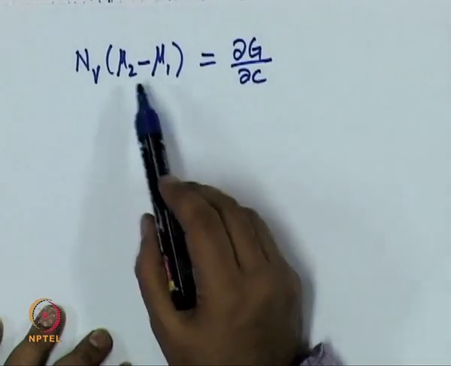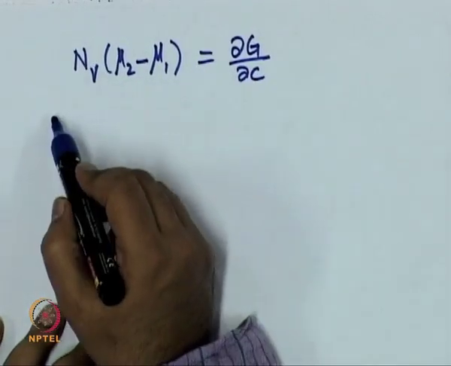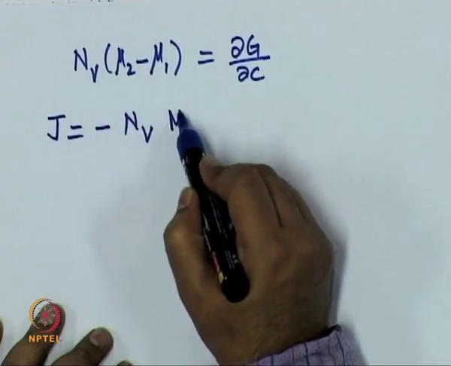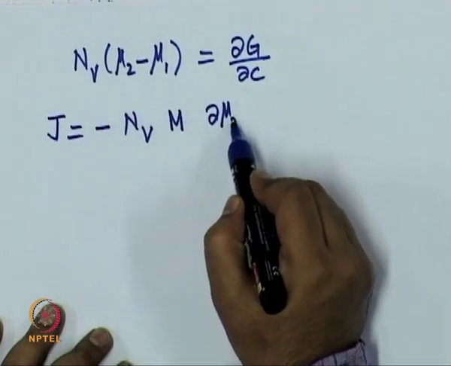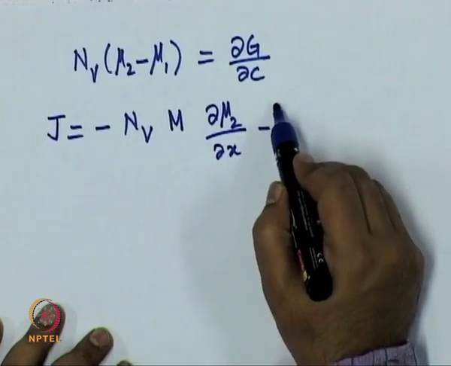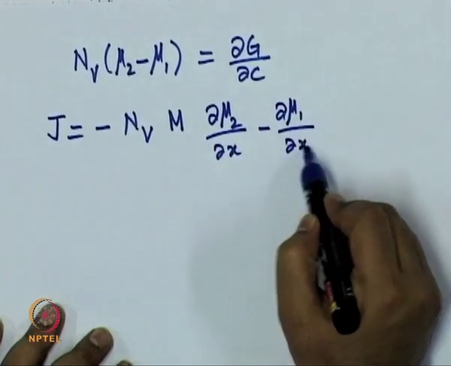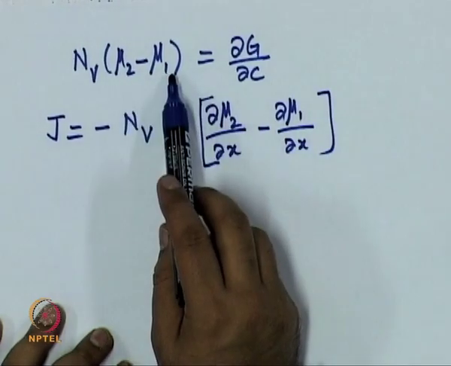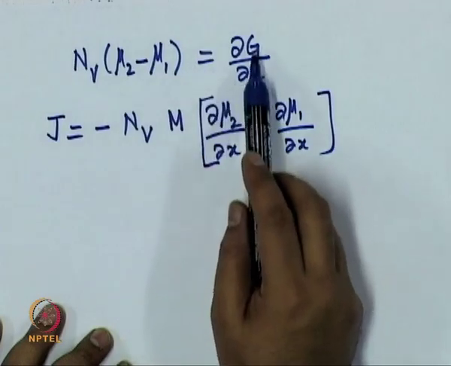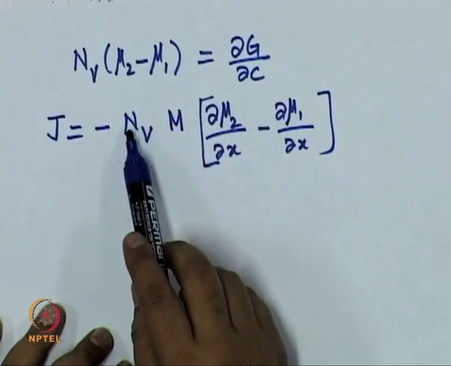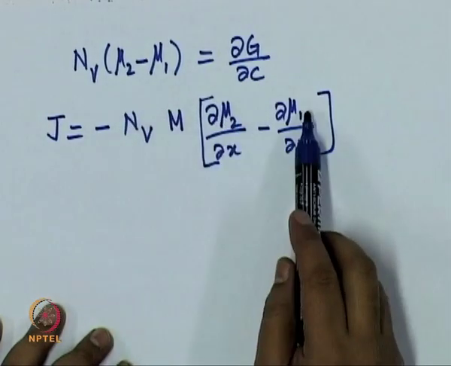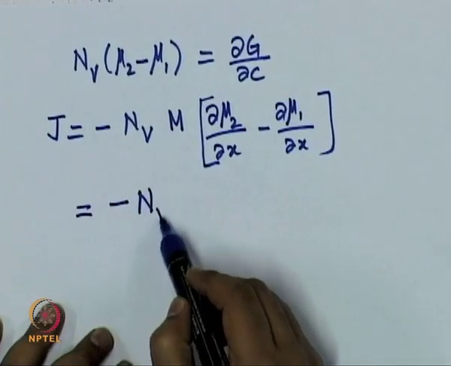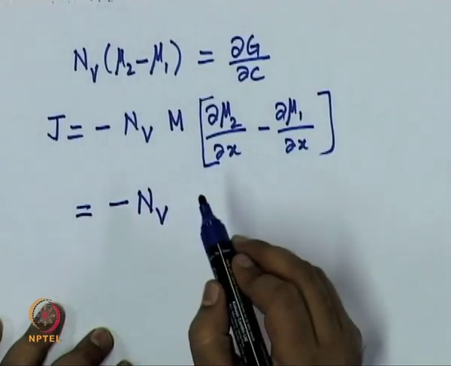We are going to use this expression, because remember the expression that we derived said that J is equal to minus N V times M times (∂μ2/∂x minus ∂μ1/∂x). So, μ2 minus μ1 is nothing but 1 by N V ∂G/∂C.